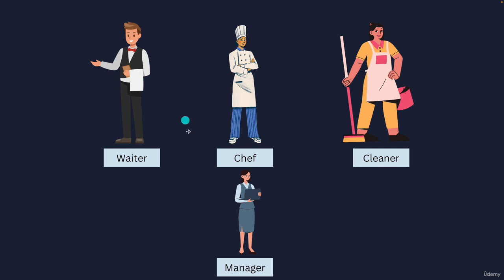A portion of our code is going to be whatever the chef does and has. For example, a chef has food, and it mixes food together, right? Or we can make the cleaner. A cleaner has tools, cleaning tools, and it cleans the floor, for example.